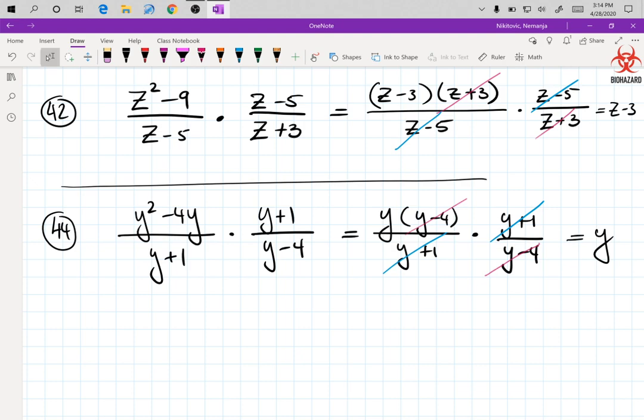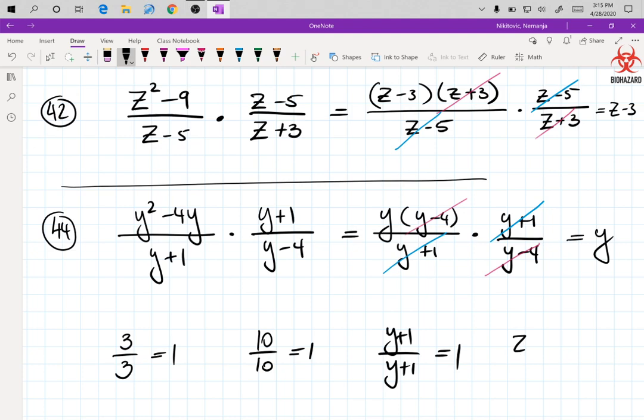That's why they have to be the same. You see, 3 divided by 3 is 1. 10 divided by 10 is 1. Y plus 1 divided by y plus 1 is 1. Z plus 3 divided by z plus 3 is 1.